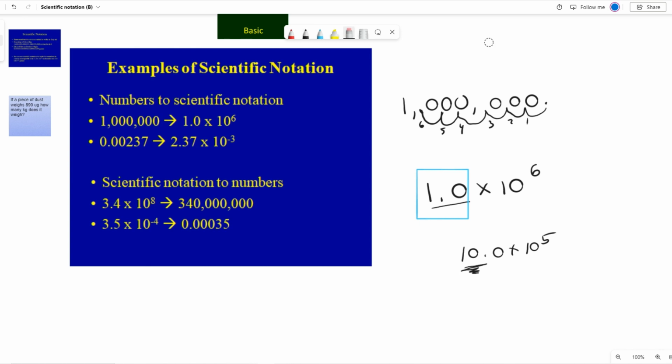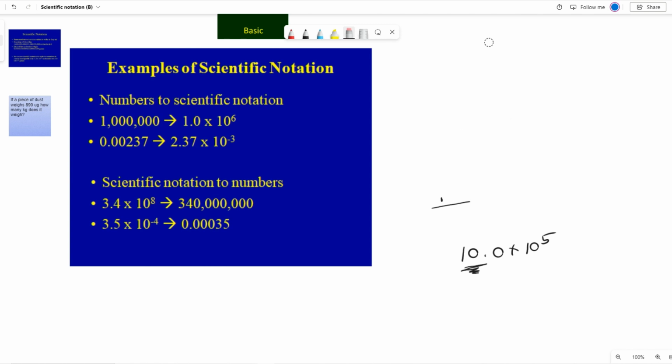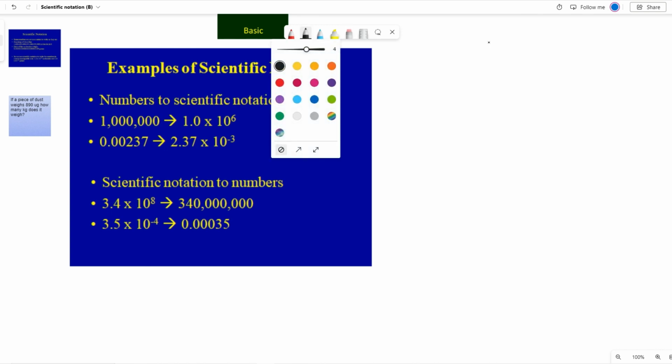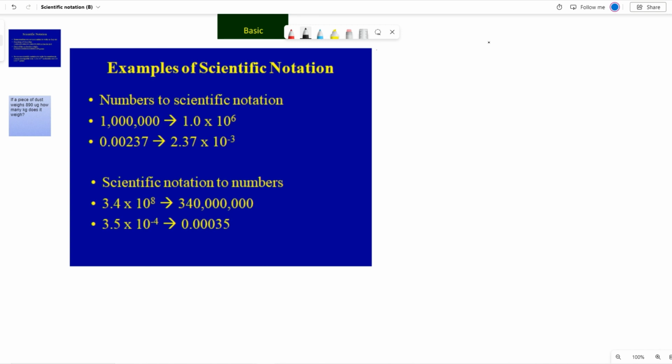So let's take a look at another example of converting a number into scientific notation. So the second example we have here, the number is 0.00237.